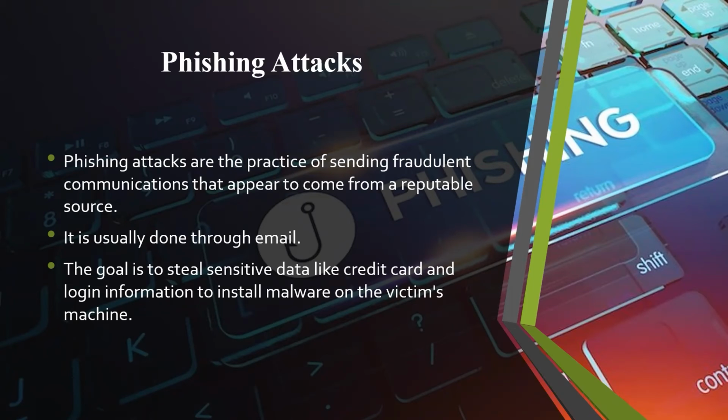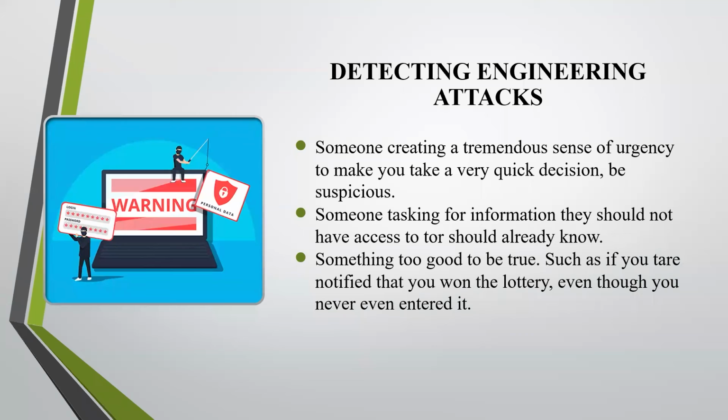To avoid these attacks, there are a number of ways we can detect the attack in advance. As it is a social attack, we need to be vigilant and detect these attacks by looking at the following. If someone is creating a tremendous sense of urgency to make you take a quick decision, be suspicious.